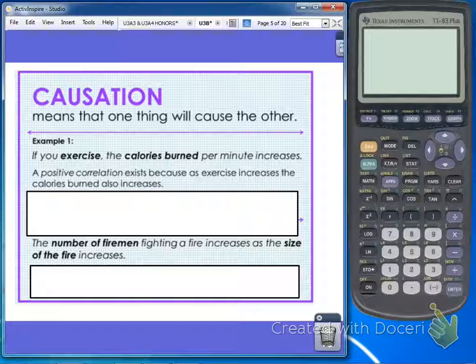No. The road does. So every time there's a fire and it grows and grows and more and more firemen come, does the fire increasing cause it? Is it the root cause? Is it the reason why more and more firemen come?